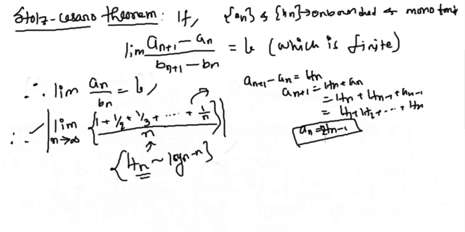So summation up to hn minus 1. These are a. What is bn? Bn plus 1 will be bn plus n, or n plus n minus 1 is bn minus 1.